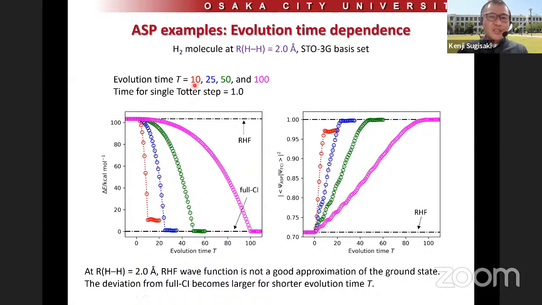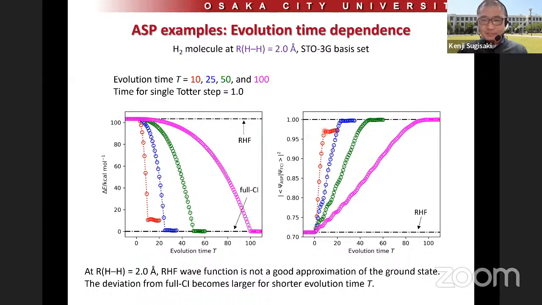In this case, ASP with t equal 10 results in some deviation from the FCI wave function. And the deviation can be seen if we evaluate the square overlap with the FCI wave function. The wave function after the adiabatic state preparation with t equal 10 has a square overlap with the FCI wave function of about 0.97.